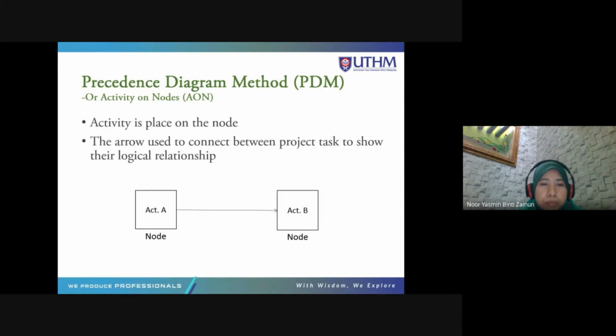You cannot put the arrow from here. No, you cannot. Okay, from left to right, it must be from this end. Otherwise it will be confusing, because in PDM you have start to start, finish to finish. So when you put the arrow from above or below, it will be very confusing.